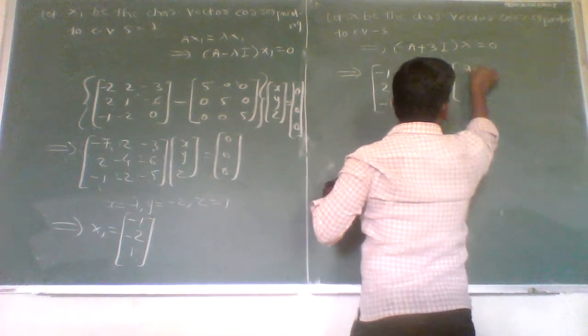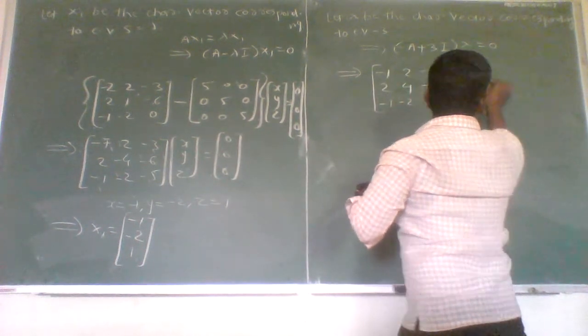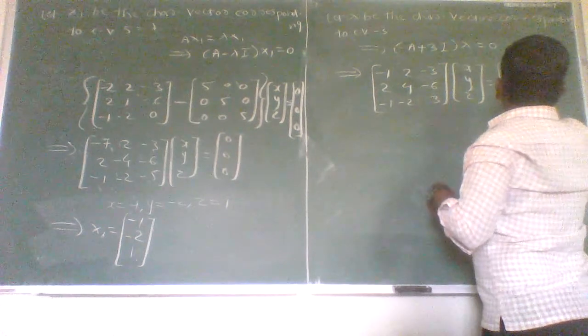Let us take this as [x, y, z], which is equal to 0, 0, 0.